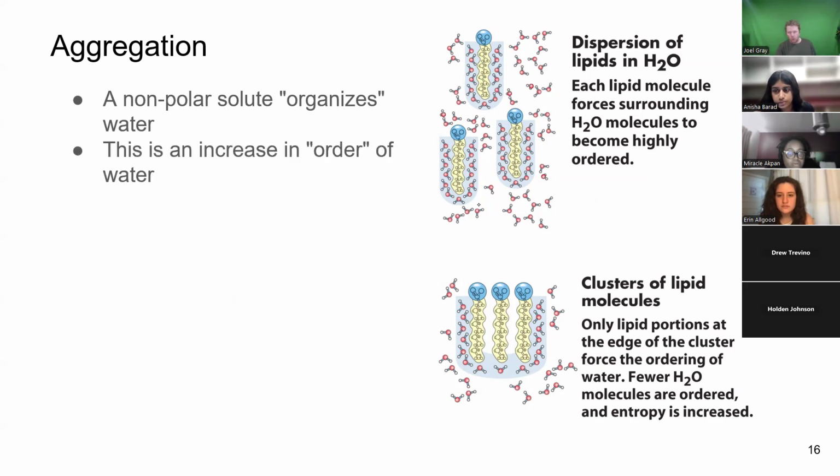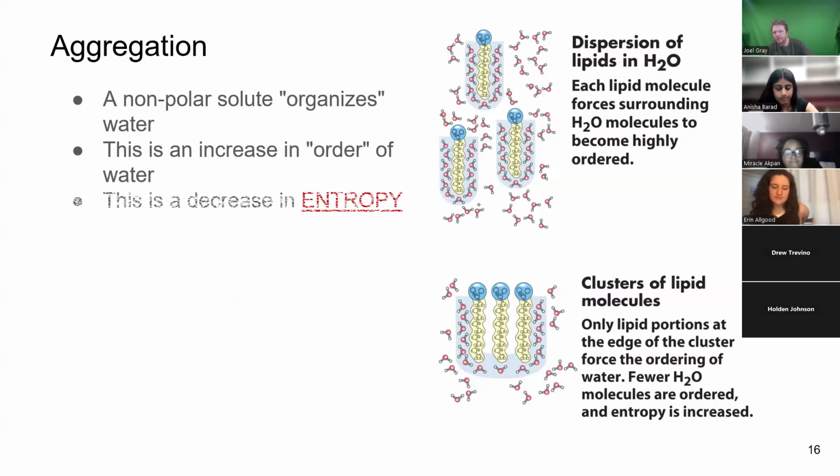So it causes that water to become a little bit more ordered, which is an increase in order. And you might have been thinking, we said enthalpy, entropy, and free energy yesterday. Certainly, we're not going to talk about those things again. Please. Well, I'm sorry, I'm bringing it back up. Yes, that increase in order is a decrease in entropy.